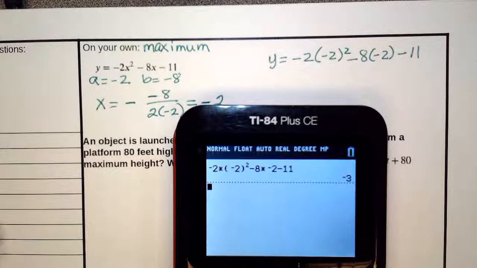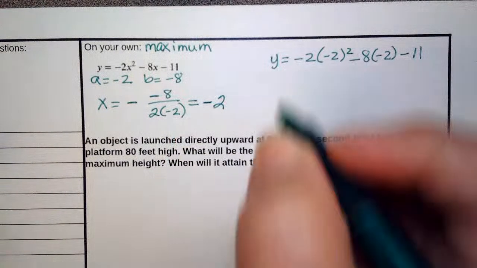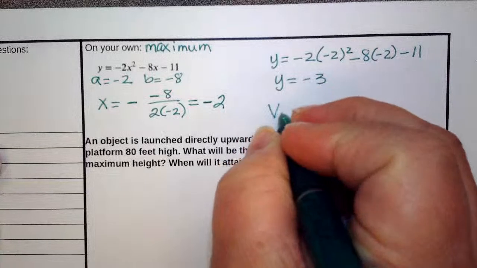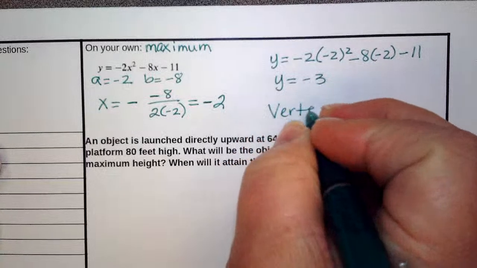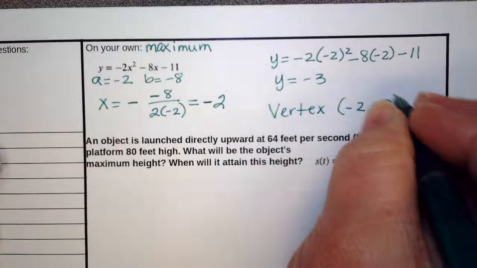And it is again -3. So that vertex is -2, -3.